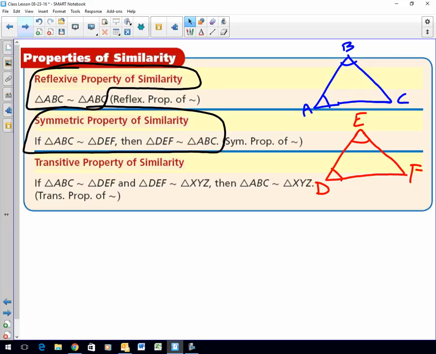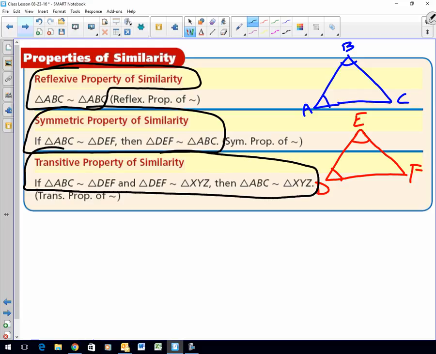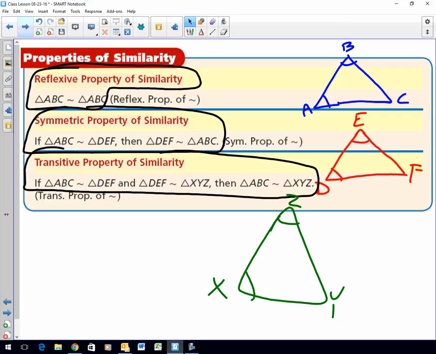One more thing called the transitive property of similarity. It's important as well. Make sure you write it down. Let's say I take ABC, DEF, and I add one more to it. We'll go right here, X, Y, Z. Check out the transitive property. Lucas, listen.